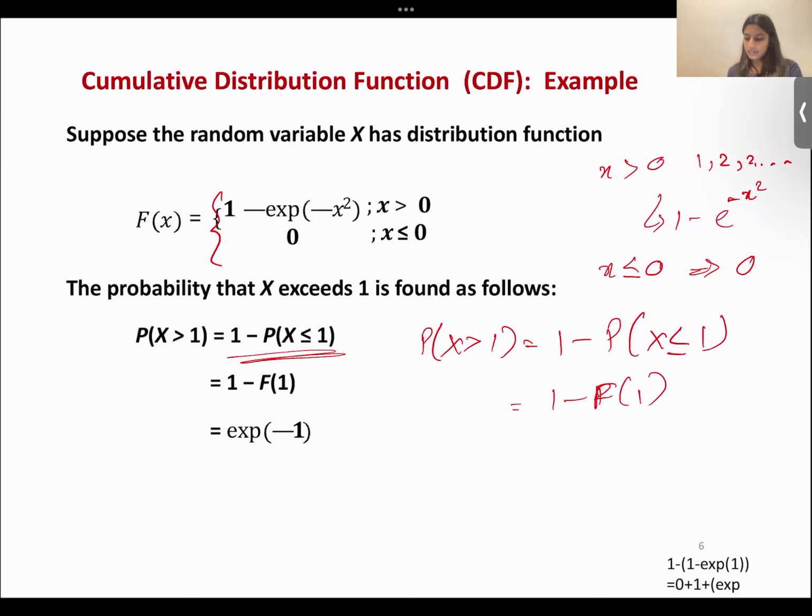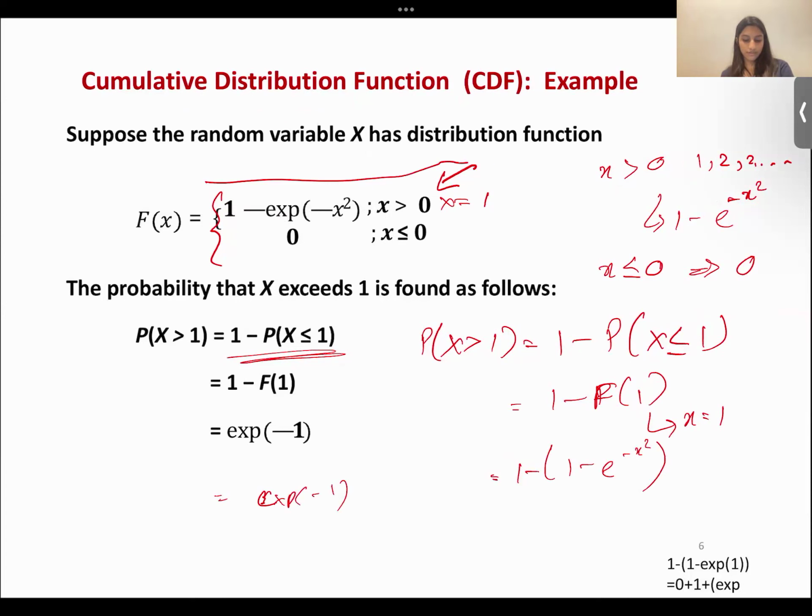Here x is equal to 1, which means x is greater than 0, so you apply 1 minus F of x. F of 1 here is again 1 minus e power minus x square. Solving for this, you get exponential of minus 1. This is just an example of how you solve this particular function.